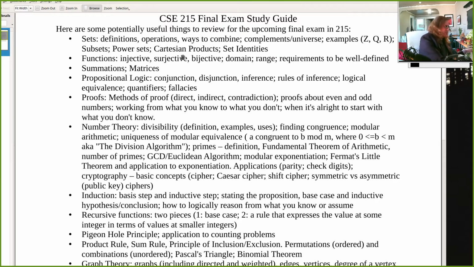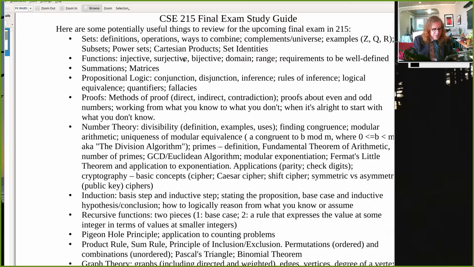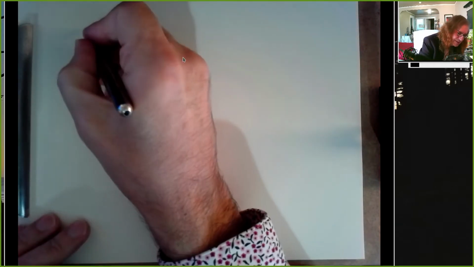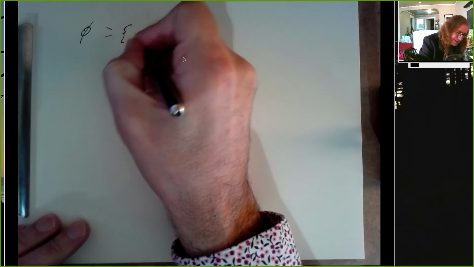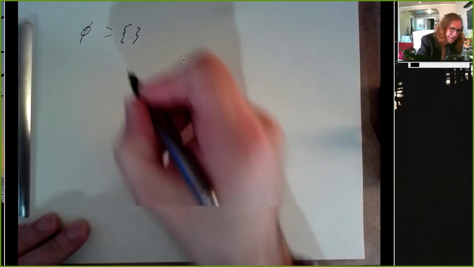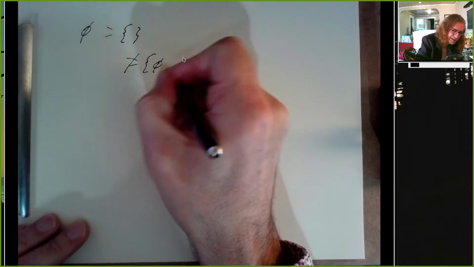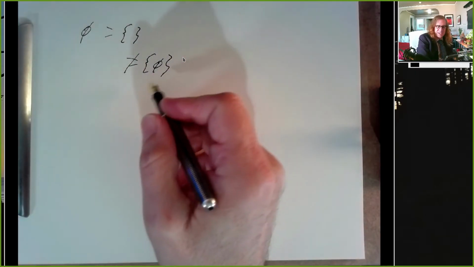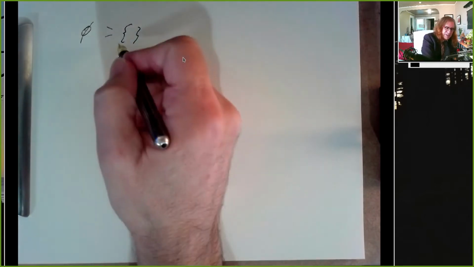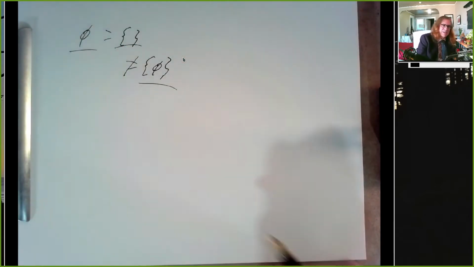In particular, it's a subset of whatever set you're taking the power set of. There's always the empty set, right, which is either this or this, right, which is not the same thing as this. This is a set containing one element. This is a set containing no elements. This is a set containing no elements.